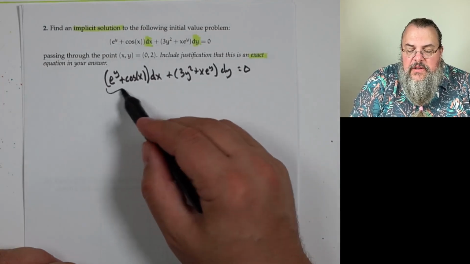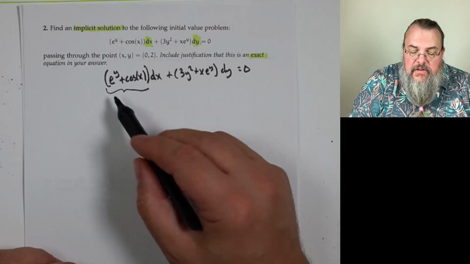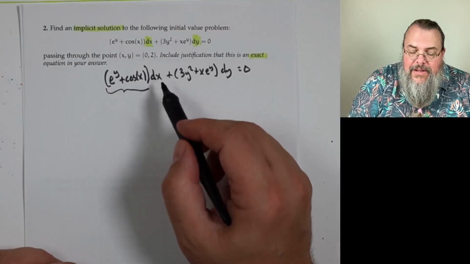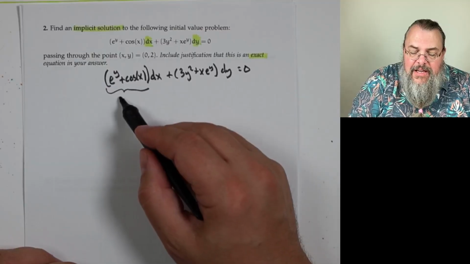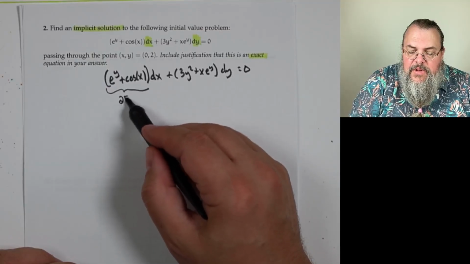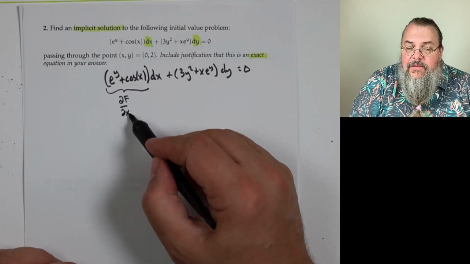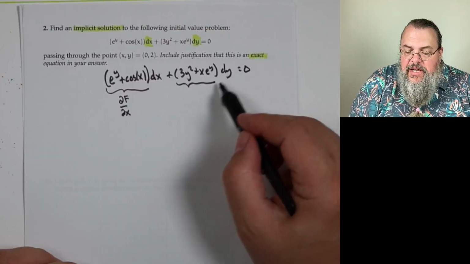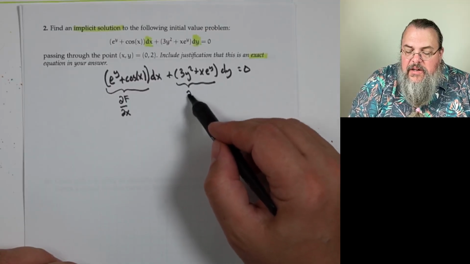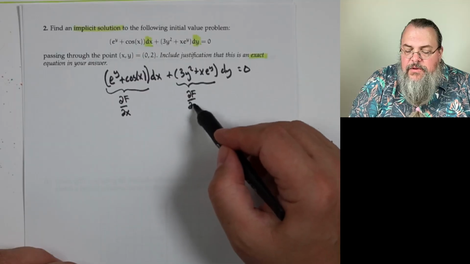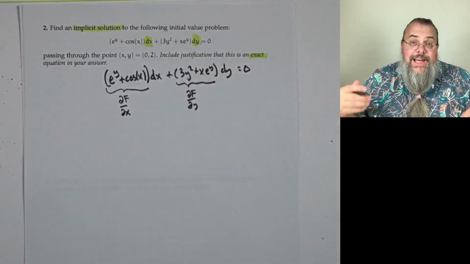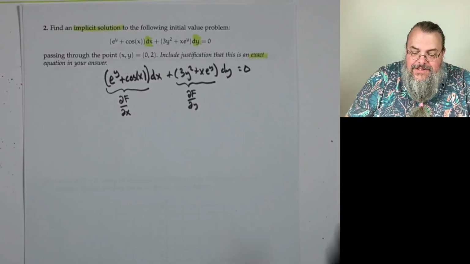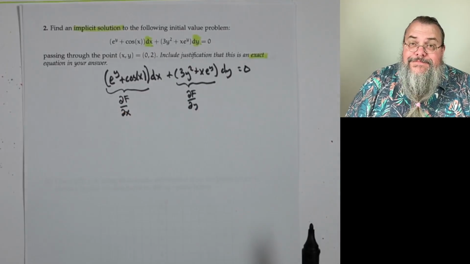And now this part right here, this e to the y plus cosine of x, since it's attached to the dx, it's like you took the derivative of something with respect to x. And this part right here, since it's attached to the dy, it's like you took the derivative of something with respect to y. And our goal is, what's that something?